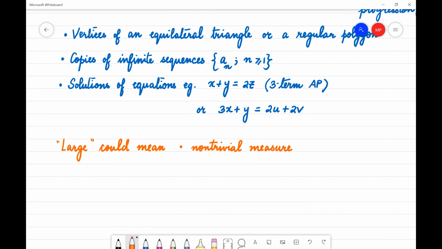So for example, if it's a finite set, you could use the counting measure and say that the set is large if its cardinality is very large, or a positive Lebesgue measure.